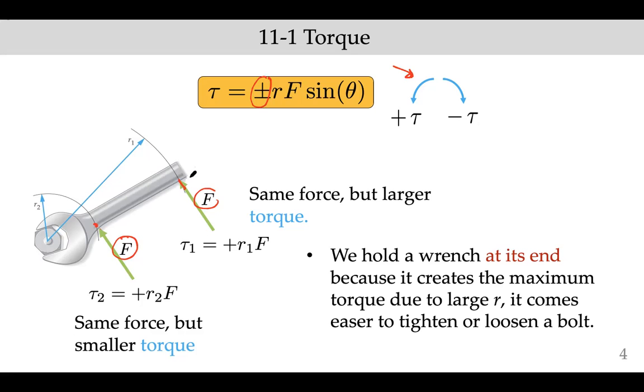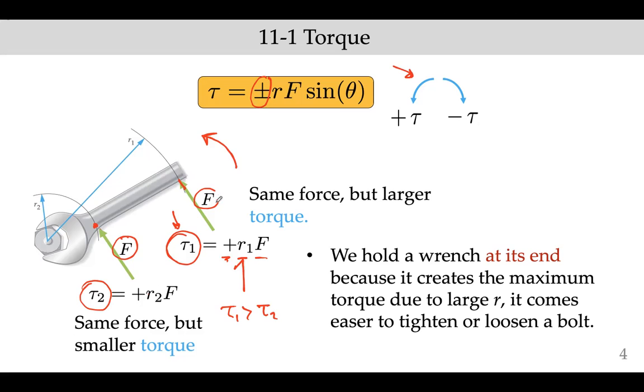If you apply it here, the torque will first of all be positive because it's going to rotate it counterclockwise, and counterclockwise is positive. So the distance will be R1 and the force is F. If I apply the force here, now the distance will be R2 and it's again the same F. If you compare these two, tau 1 is larger than tau 2. So the torque here is larger.